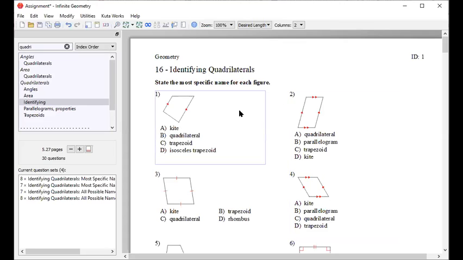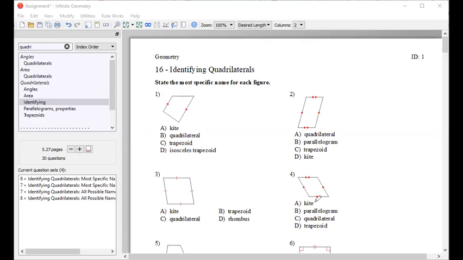The very first one has one pair of opposite sides parallel. We don't have any markings about angles. So this one is clearly a trapezoid because the other things are not there. It's not an isosceles trapezoid, because if it was, these would be congruent and then the angles would be congruent, so not isosceles.